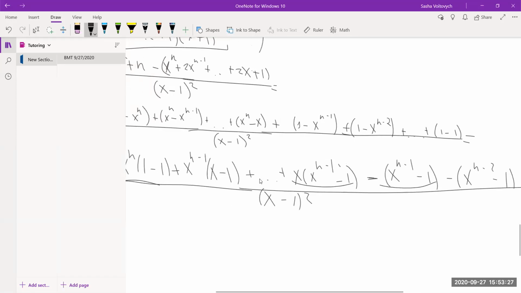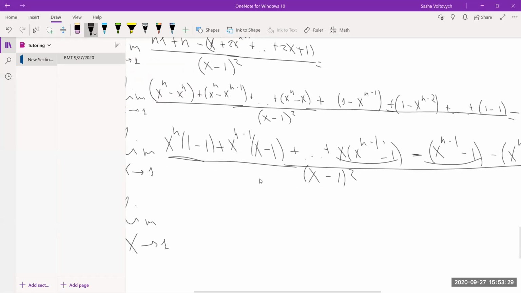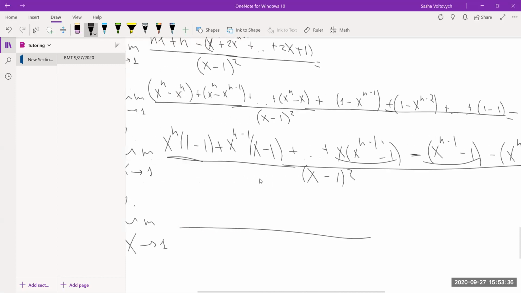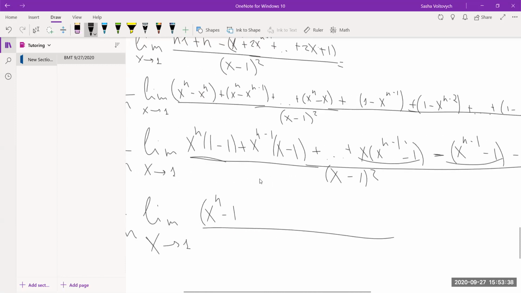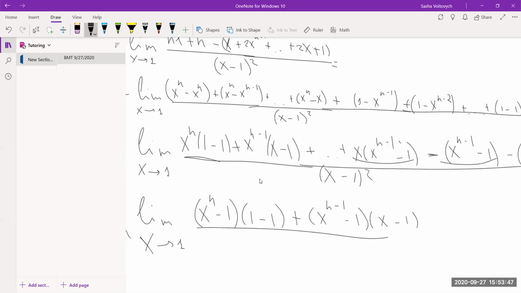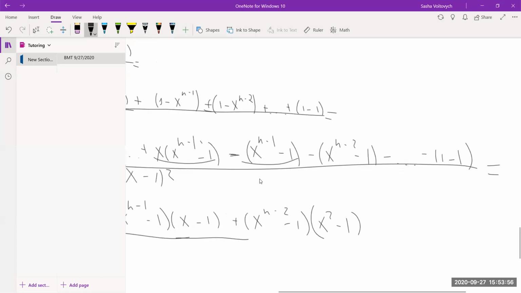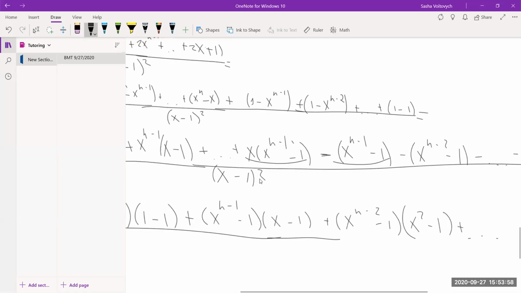And what we will get is the sum of x to the power of n minus 1 times (1 minus 1), plus x to the power of n minus 1 minus 1 times (x minus 1), plus x to the power of n minus 2 minus 1 times (x squared minus 1), and so on.